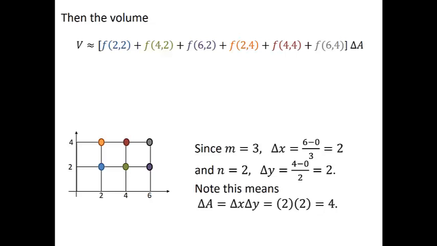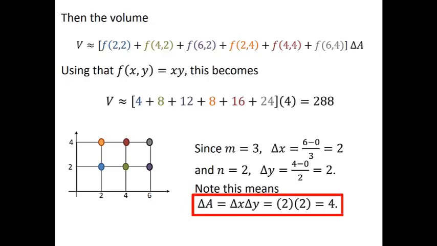So the height of each individual square is given by evaluating f at the corresponding sample point. So f of 2, 2, plus f of 4, 2, plus f of 6, 2, plus f of 2, 4, plus f of 4, 4, plus f of 6, 4. Those are the heights of each individual box. The area of each box is that delta A, which we found to be 4.